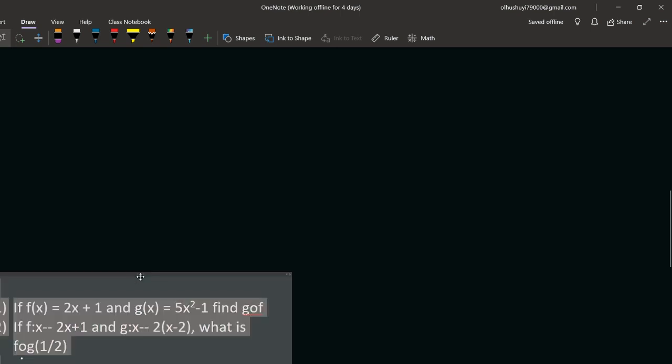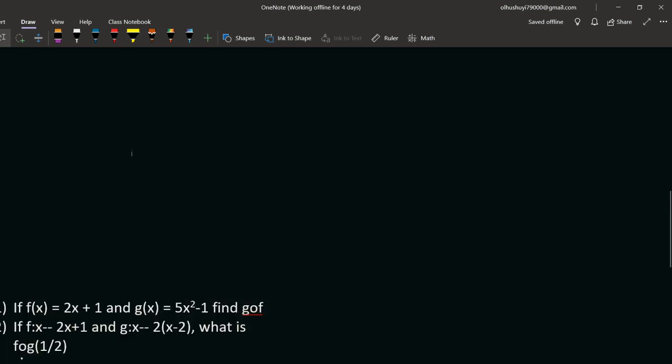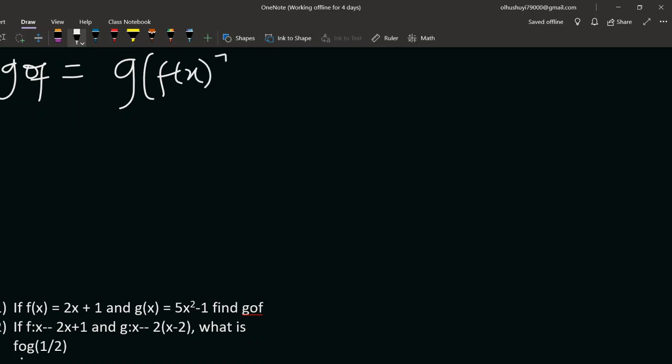Question 2. f of x is equal to 2x plus 1 and g of x is equal to 5x squared minus 1. We don't need to write this. This means g of f of x. That's what it means.